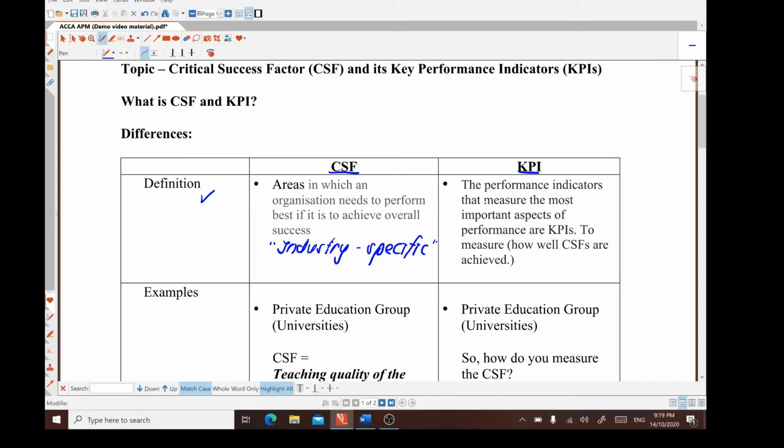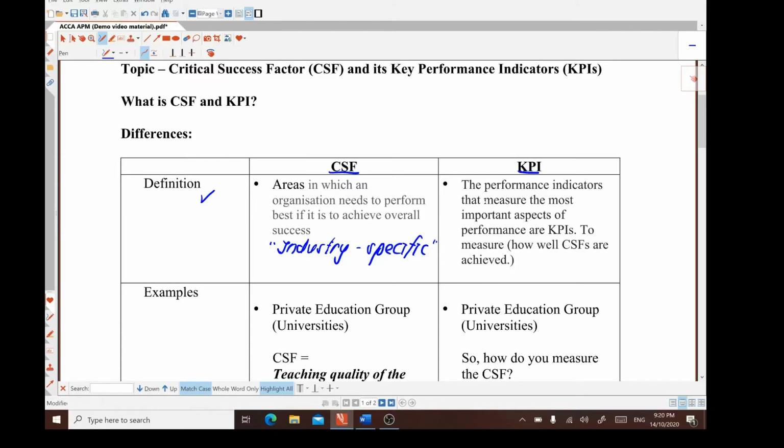Remember, the main reason why we have to measure the CSF is because we want to measure the achievement of the objective. So let's have a look at the KPI definition.